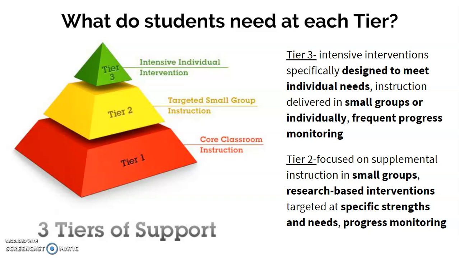Most of these students in Tier 3 can or will receive special education services, and these are intensive. So again, this is your smallest population of students. Typically, it's between 1 to 5% of the student population receives that Tier 3 intervention. For Tier 2, it's more about 15 to 20% of students in the student population.